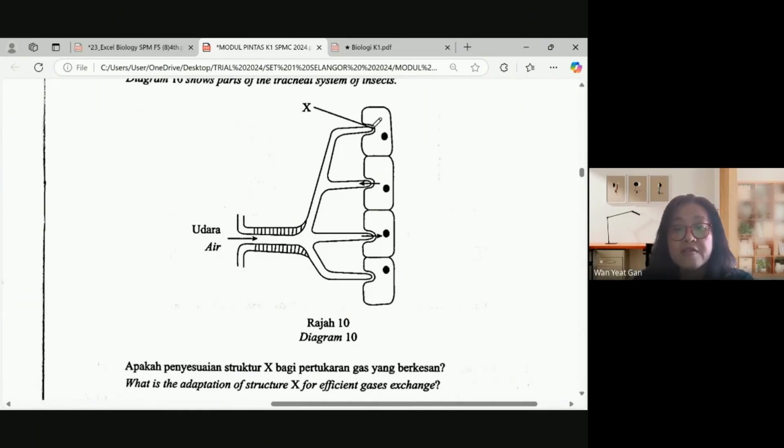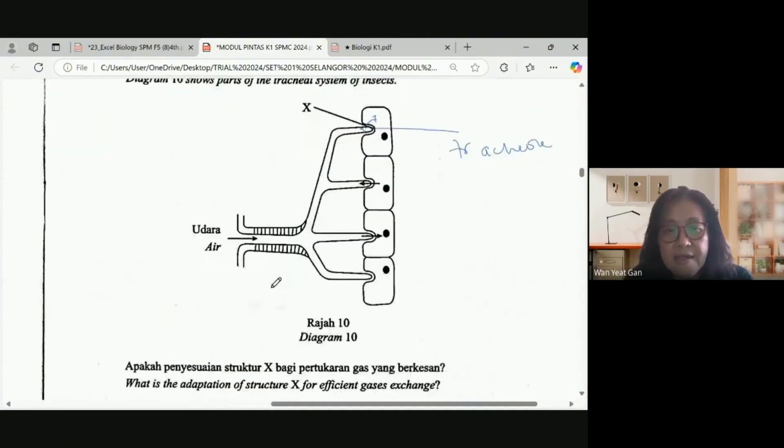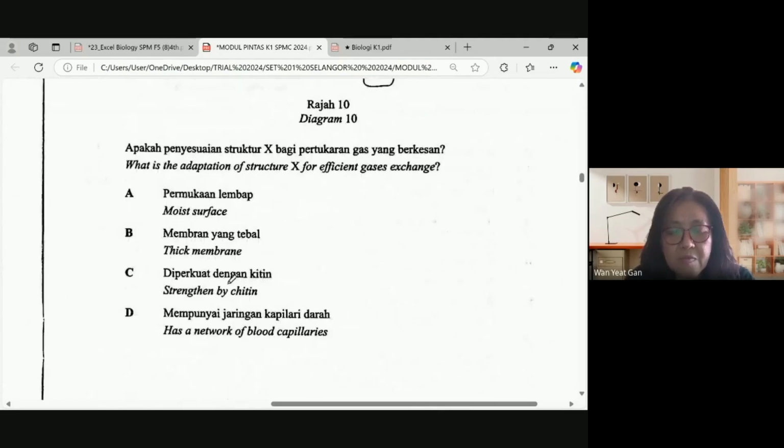Now, X is the tracheole. A tracheole has a blunt end, and normally it has moisture at the tip, so that when oxygen diffuses into the tracheole, it will dissolve in the moisture before diffusing into the cell. So the adaptation here is that it has a moist surface.